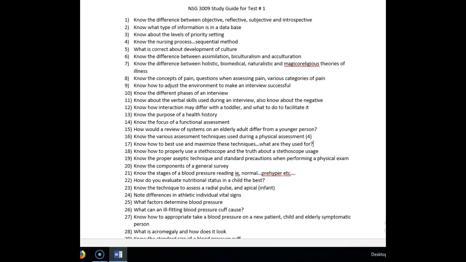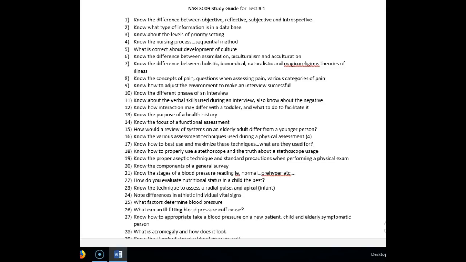Question number 3, know about the levels a person would have when they're doing priority setting. And we talked about this when we did your in-class examination, your pre-lecture quiz. One of the questions in particular discussed priority setting.